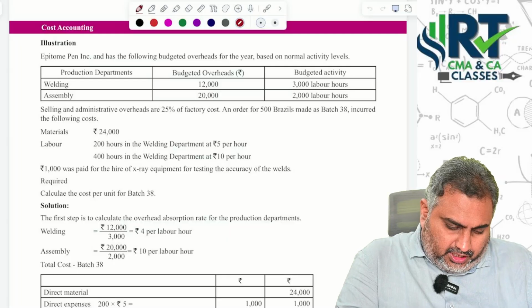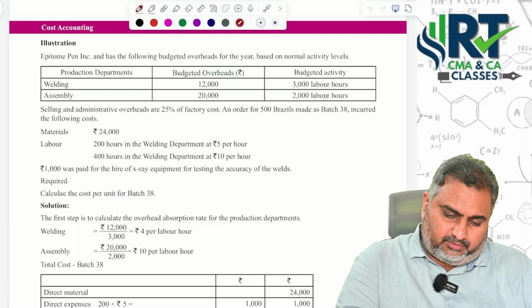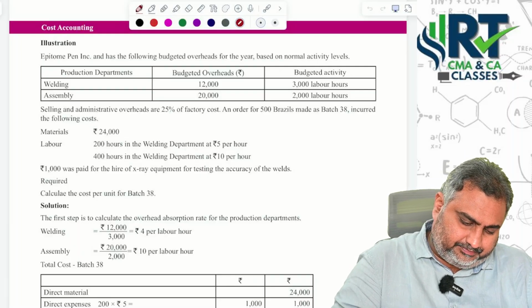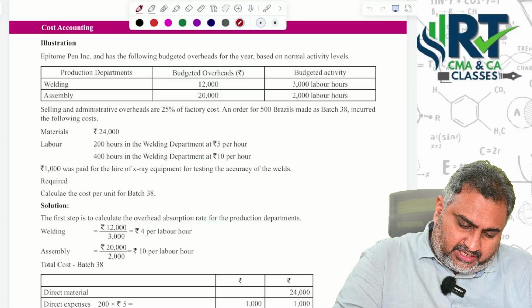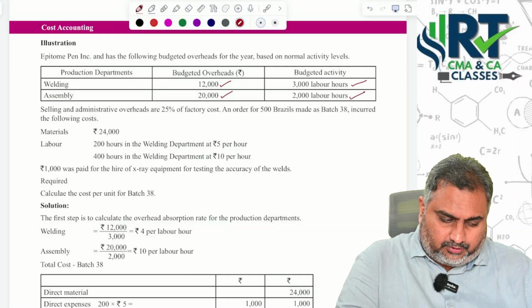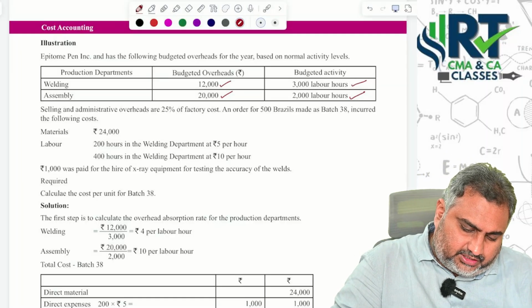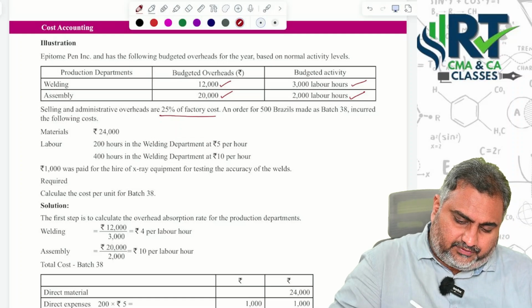Epitome Pen Inc. had the following budgeted overheads for the year based on the normal activity levels. Welding: budgeted 12,000 for 3,000 labor hours. Assembly: 20,000 for 2,000 labor hours. Selling and administrative overheads are 25% of factory cost.